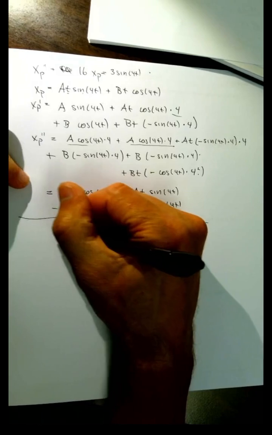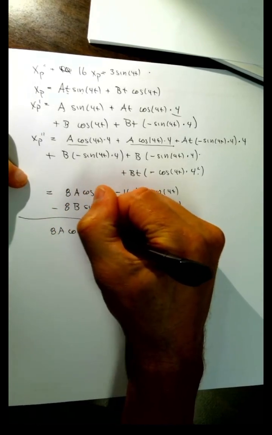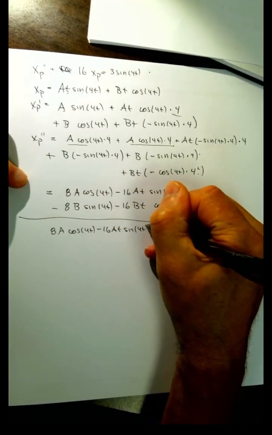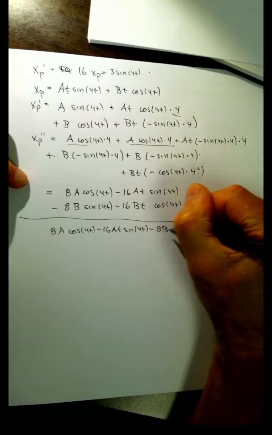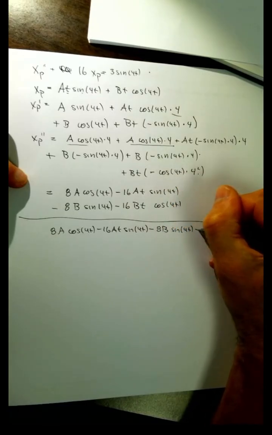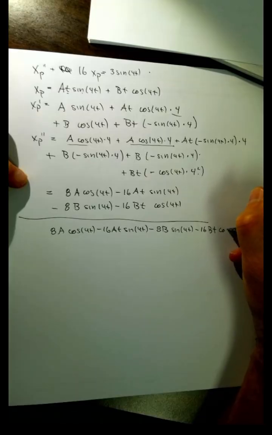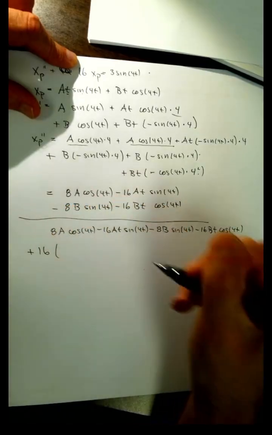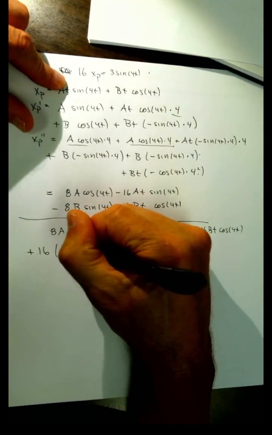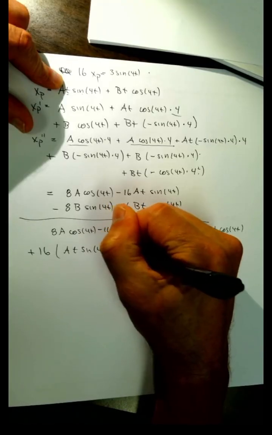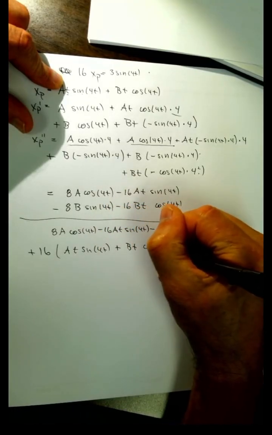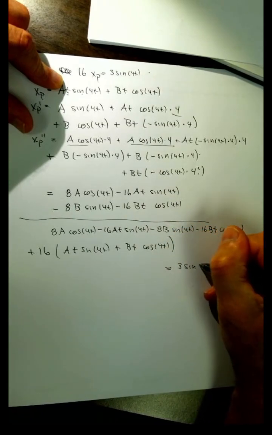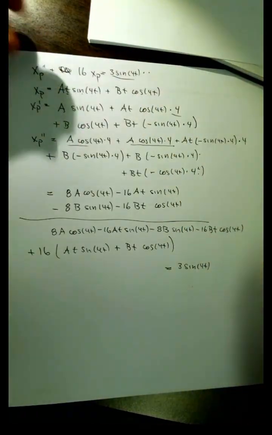Second derivative, I get 8a cosine 4t minus 16 at sine of 4t minus 8b sine of 4t minus 16 bt cosine of 4t, plus 16 times my function, and that's going to be at sine of 4t plus bt cosine of 4t, is all equal to 3 sine of 4t, which is coming from there.